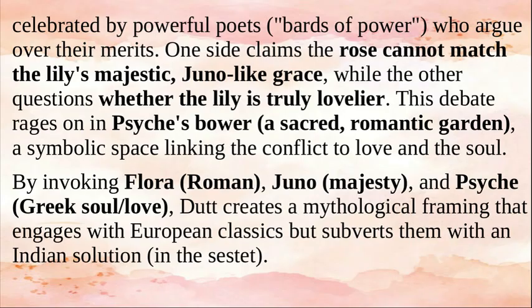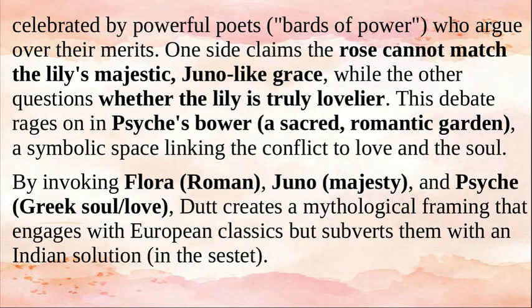One side claims the rose cannot match the lily's majestic Juno-like grace, while the other questions whether the lily is truly lovelier. This debate rages on in Psyche's bower, a sacred romantic garden, a symbolic space linking the conflict to love and the soul. By invoking Flora, Roman, Juno, majesty, and Psyche, Greek, soul, love.